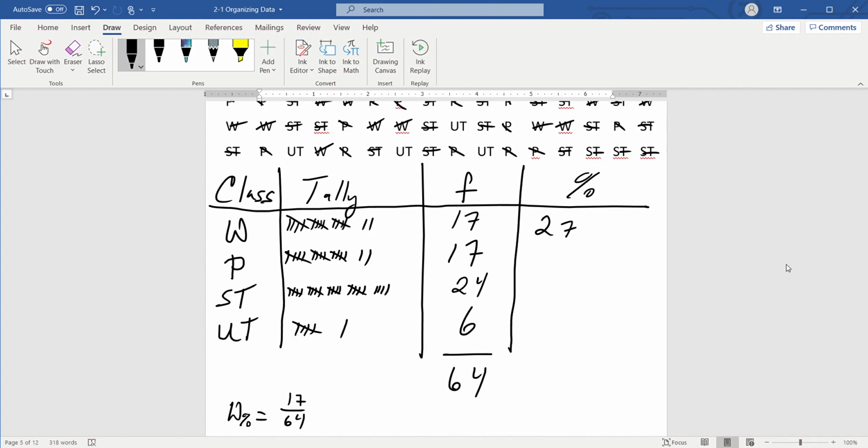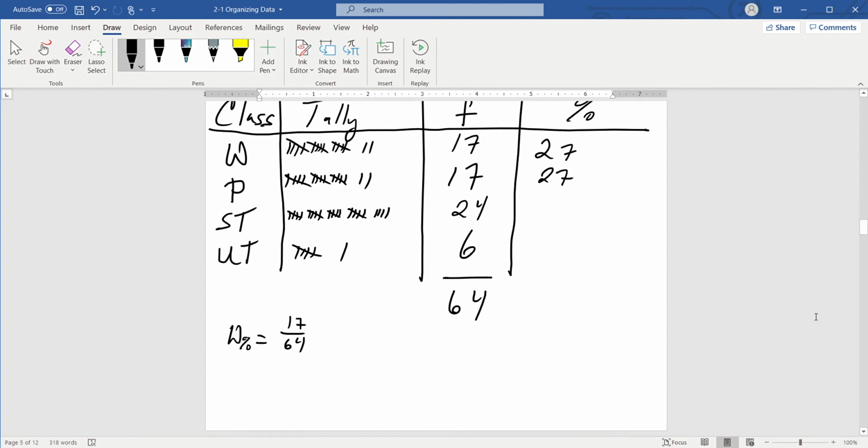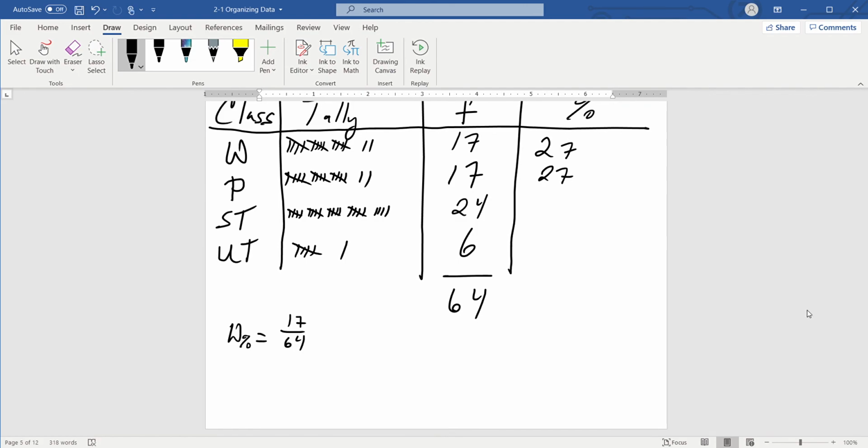This is the exact same, so it'd have to be 27 as well. So then for sweet tea, that would be 24 divided by 64, which is going to give you about 38.